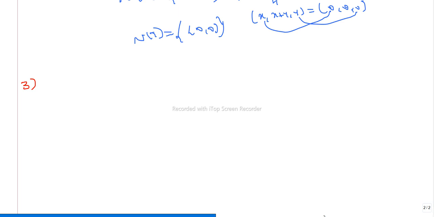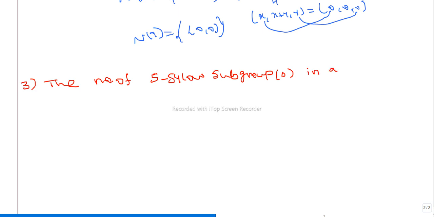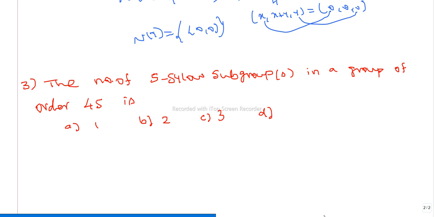The number of 5 Sylow subgroups in a group of order 45 is, first option 1, second option 2, third option 3, fourth option 4. How many 5 Sylow subgroups are there?